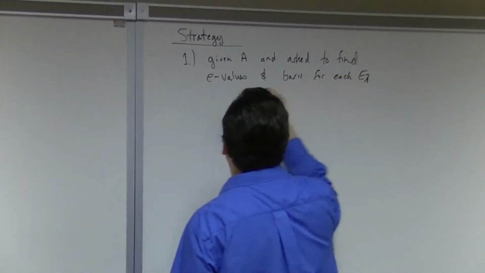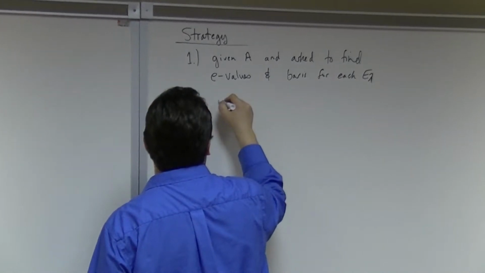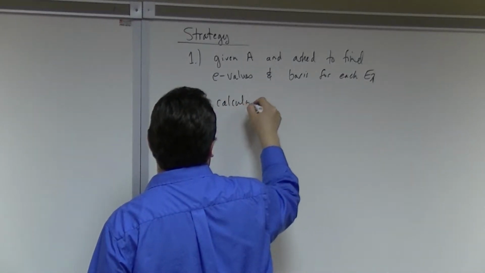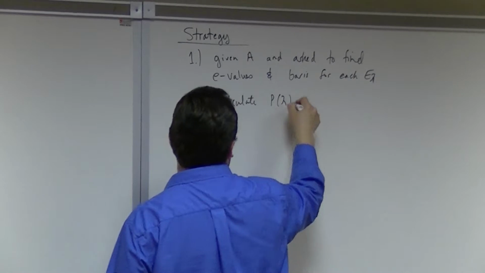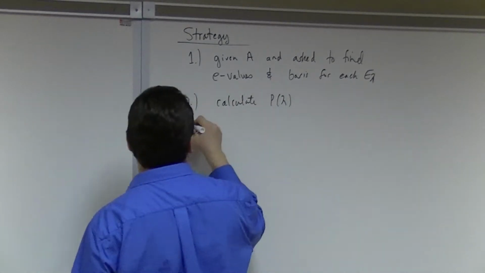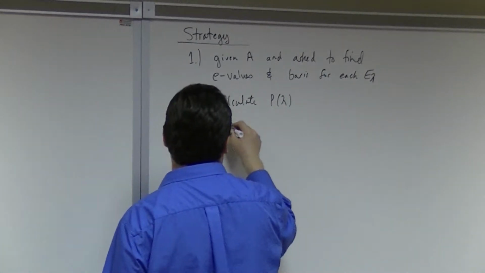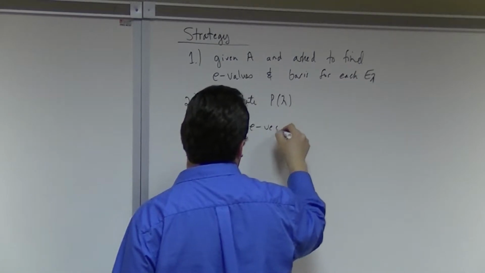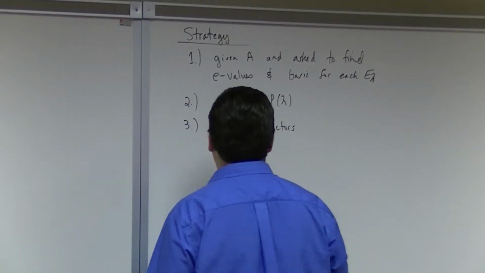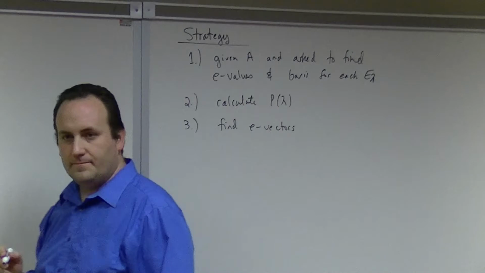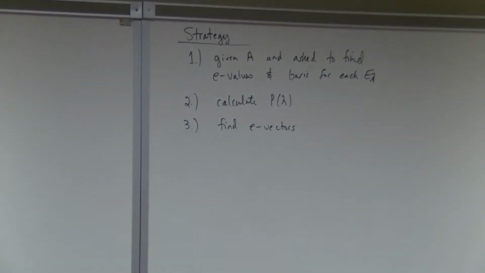Then the first thing we do is we calculate a characteristic polynomial, all right? And then the third thing we do is we start finding the eigenvectors, right? That's the order of operations here.